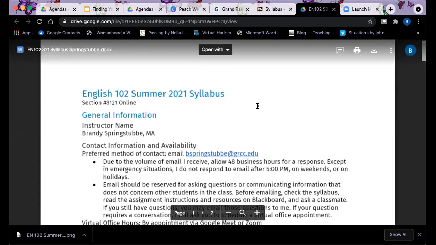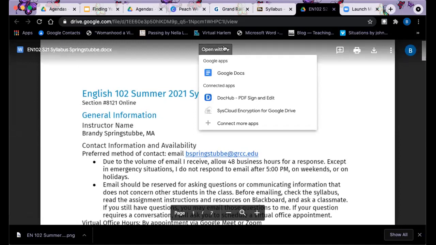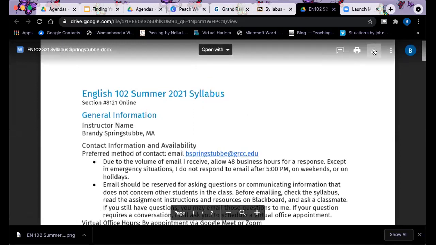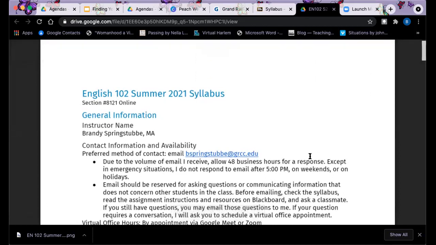At this point, you can either look at it here or you can open it with Google Docs, or you could download it here. Just note that, if you download it and you only look at the downloaded copy, you may miss any changes that have to be made, but I will notify you of any changes that I make and that are not just cosmetic changes, like, oh, I spelled a word wrong because I can't type very well.